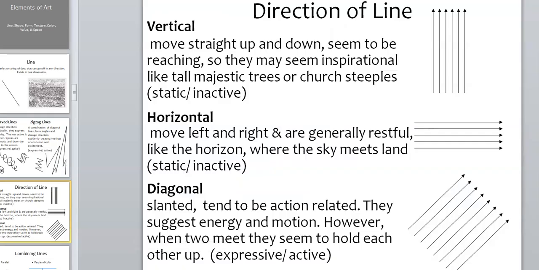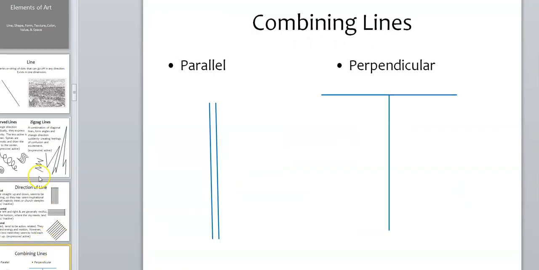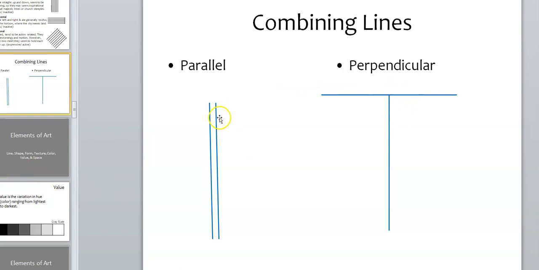If we move on to combining lines, we have two different ways of mathematically combining lines together. We have parallel versus perpendicular. Parallel are going to be two lines going in the same direction that never get closer or farther away, just like the L's in the word parallel.